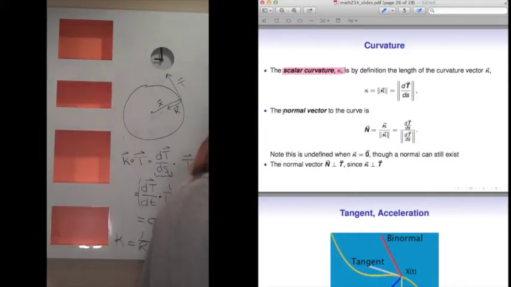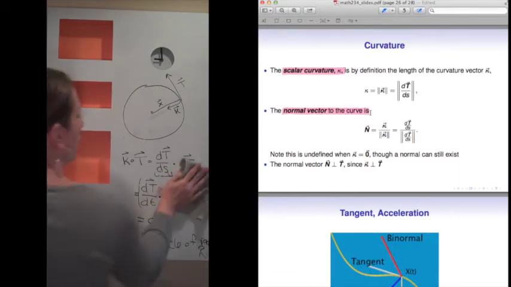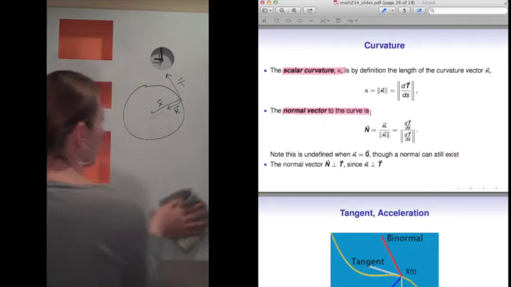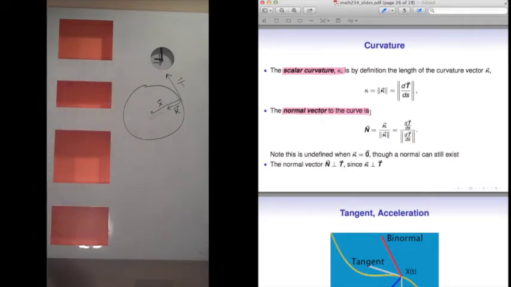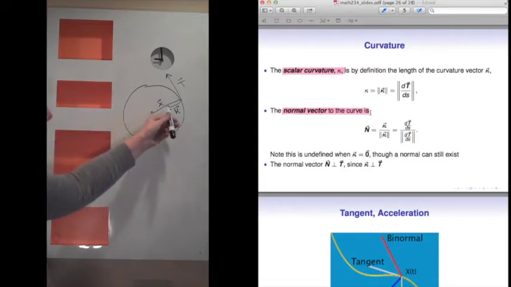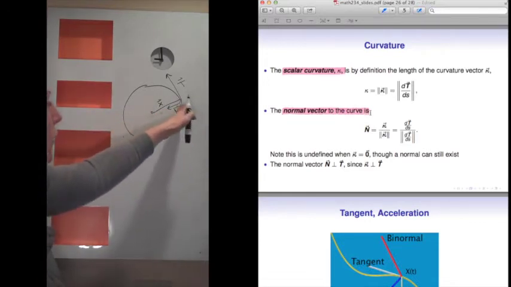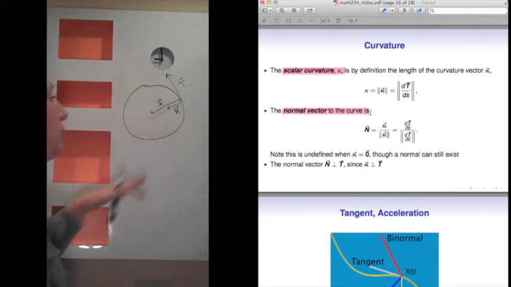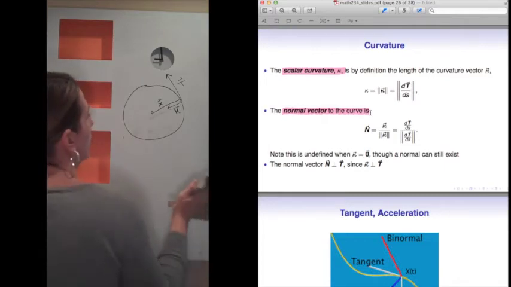And then we have the normal vector to the curve defined in terms of the curvature vector. And here I want to go away from the case of this circle, because I want to avoid the case where the curvature vector or the normal vector points back toward the original point, because that doesn't necessarily always happen.